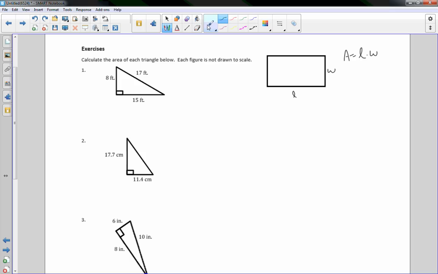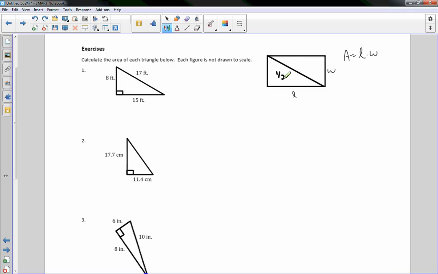So what happens now if I draw a diagonal line like so? Okay, so what did I just do to this rectangle by drawing that line right here? And how much of the rectangle is this side?